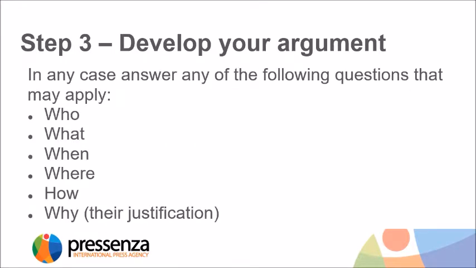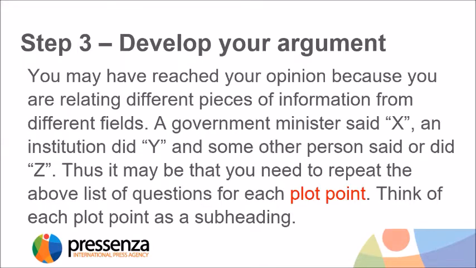In any case, we need to develop the argument and understand some of the key points of information: who, what, when, where, how, why, their justification in this case. You may have reached your opinion because you're relating different things together. So a government minister said X, an institution did Y, and some other person or some people did something else.